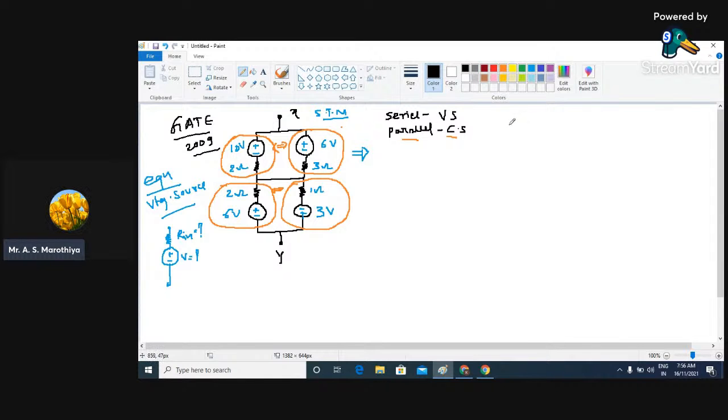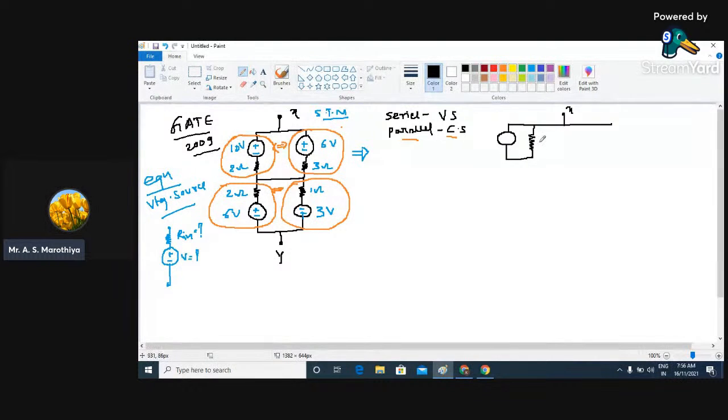So here we have terminal X. This is going to be terminal X. First, I'm going to convert this 10 volt voltage source in series with 2 ohm into equivalent current source. So how is it going to be like this? It is going to be a circle, and somewhere over here we need to have its internal resistance.